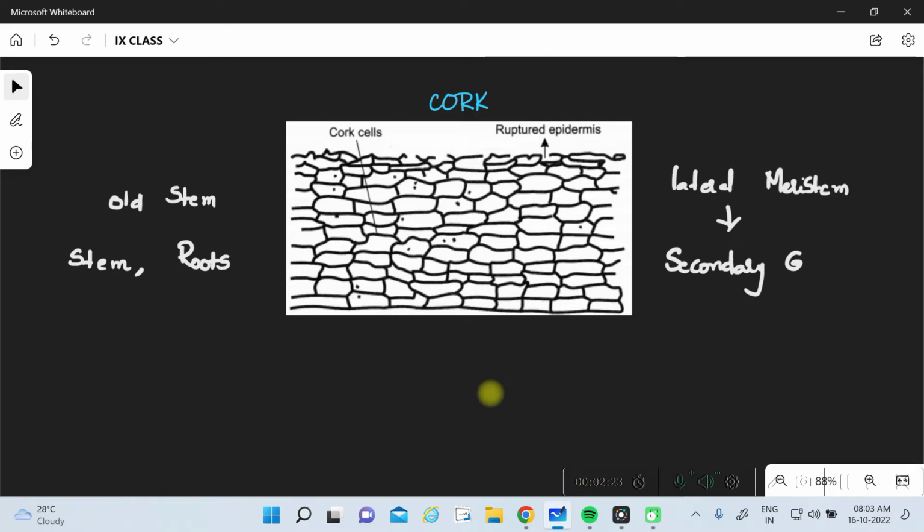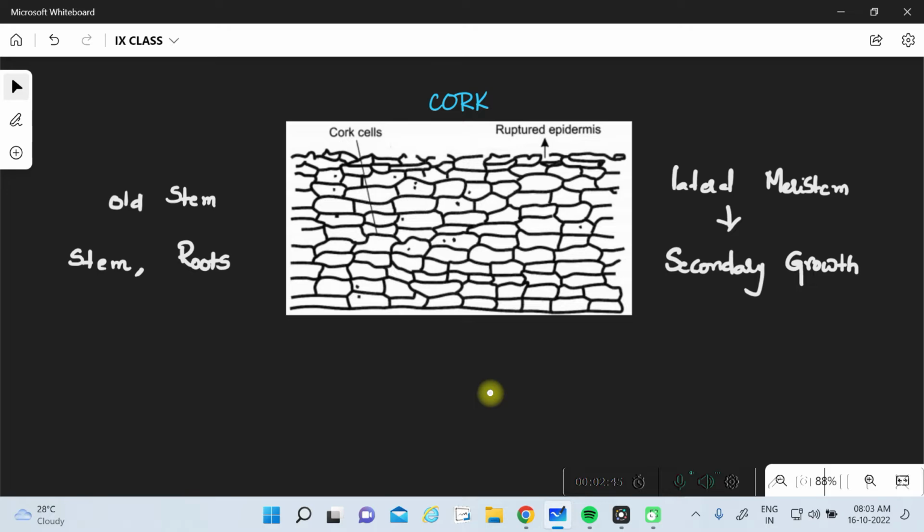So secondary growth is under the control of lateral meristems, and these meristems divide and redivide, producing new tissue in the stem, due to which the girth of the stem increases, the diameter of the stem increases.